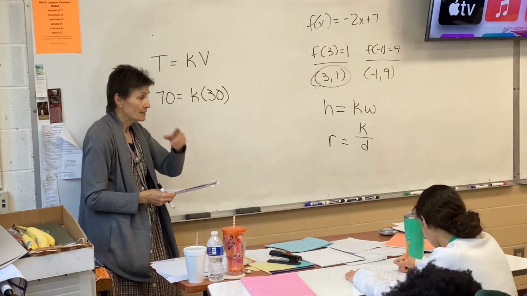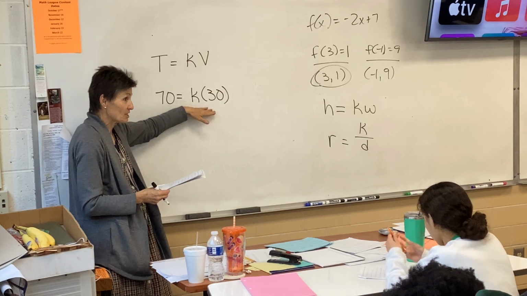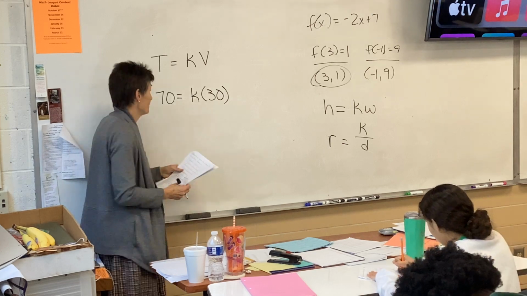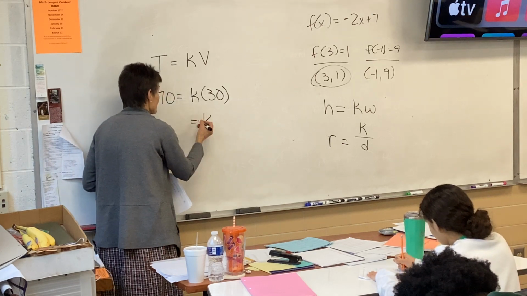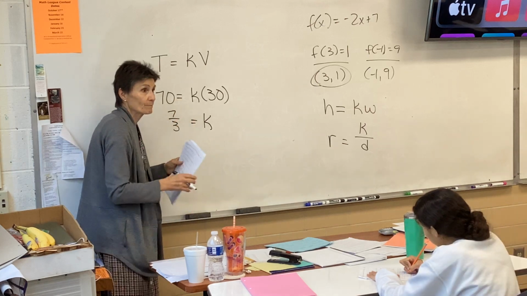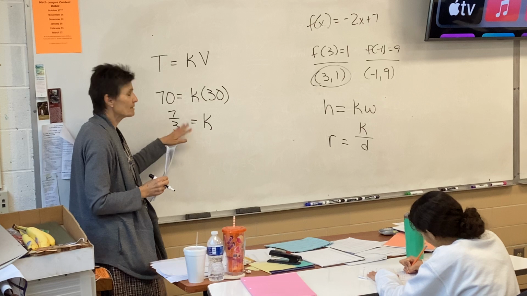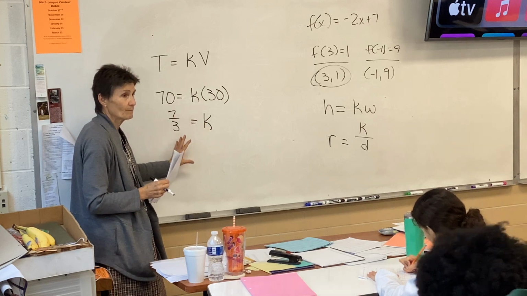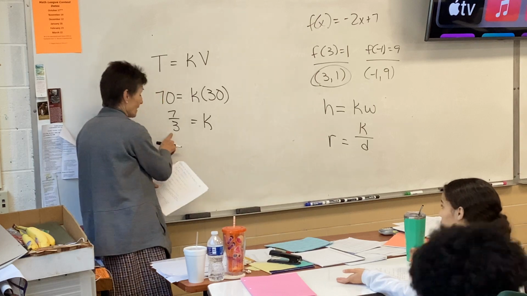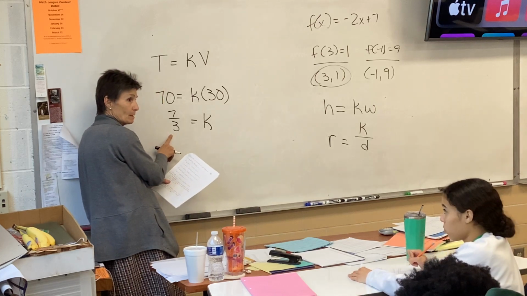Would you agree? Now, what am I going to be able to do at this point? Divide. I'm going to be able to find K. So K is going to equal 70 over 30. And I would just leave it like that, don't worry, it's fine. You want to simplify? This is simplified, stop right there, just leave it.